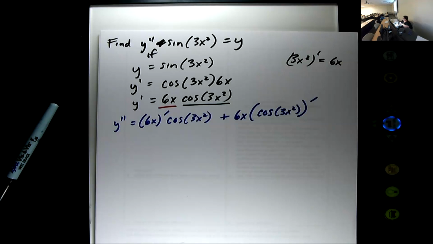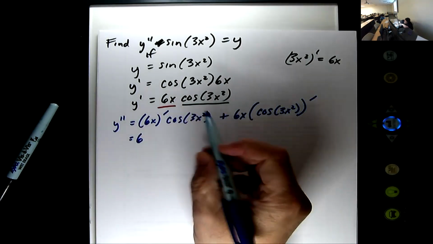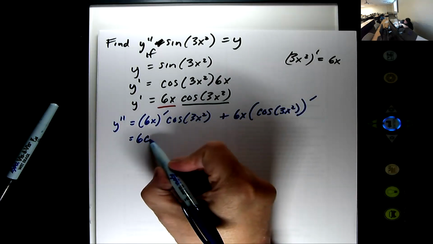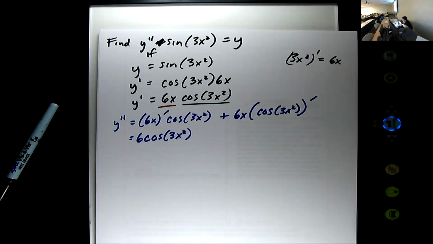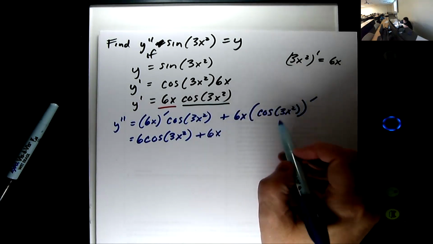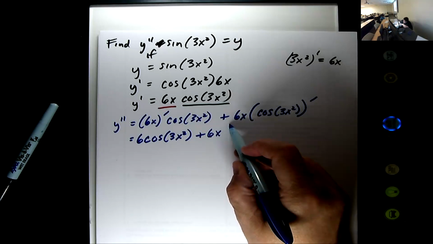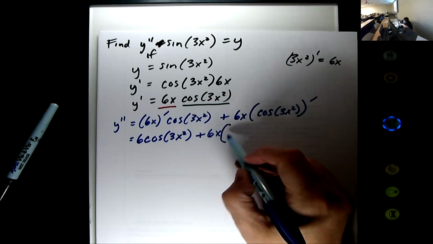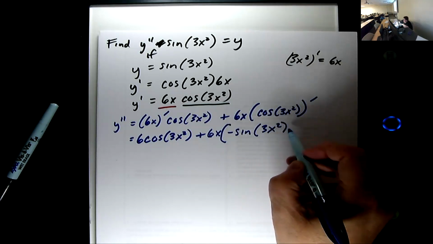Y'all with me? First part's not too bad. Just drop the x. The derivative with respect to x is just 1. So we've got 6 cosine 3x squared. Then I've got plus 6x. Now I've got the derivative of cosine, which is negative sine. And I have the 3x squared in there.